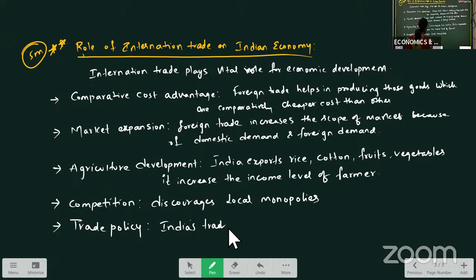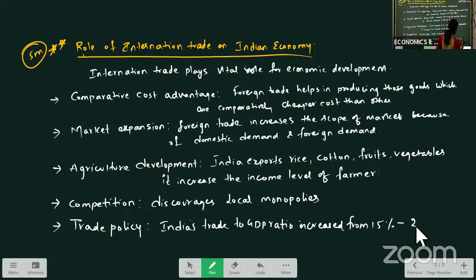India's trade to GDP ratio increased from 15% to 35% by the year 2005.